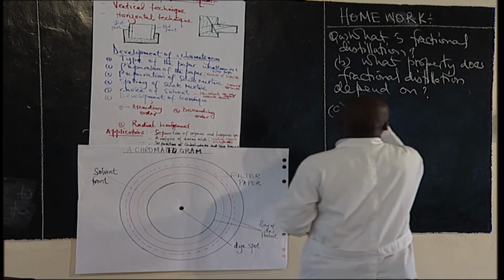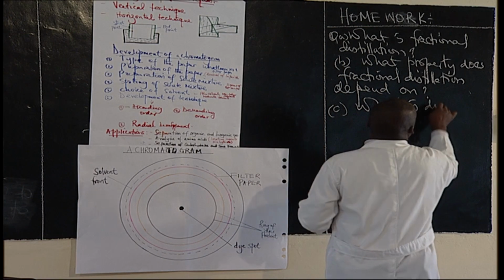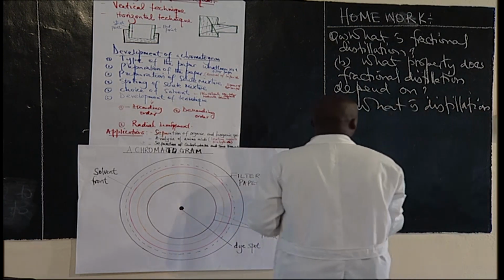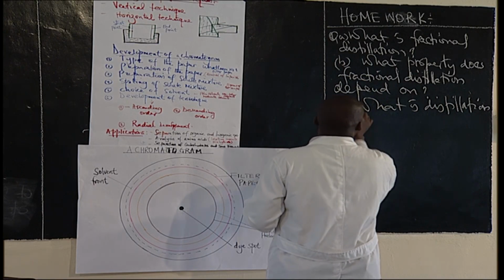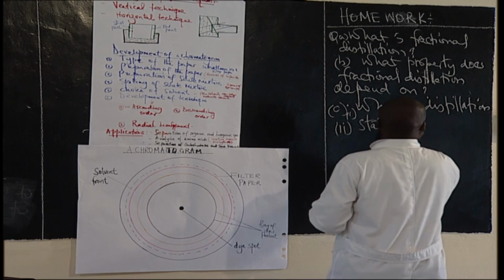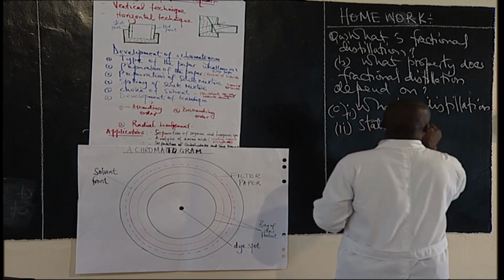C: what is distillation? Number two, state the name of the substances that can be separated by fractional distillation.